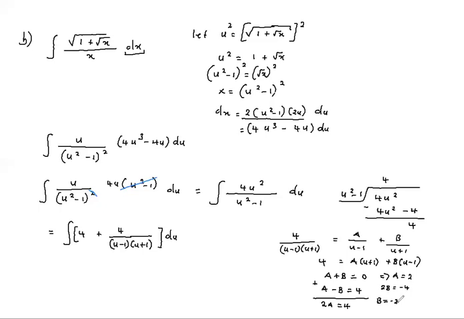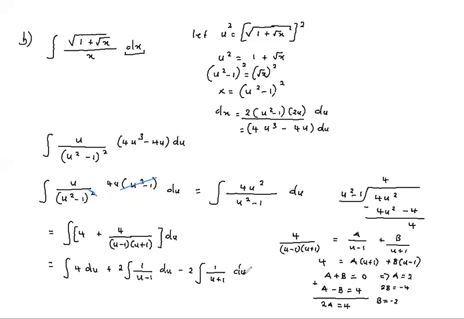So what are we having? We are having the integral of 4 du plus 2 integral of 1 over u minus 1 du minus 2 integral of 1 over u plus 1 du.